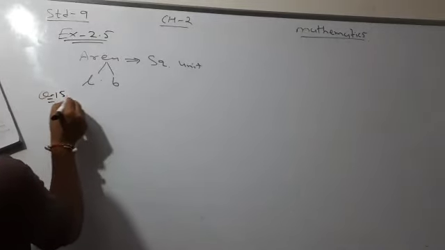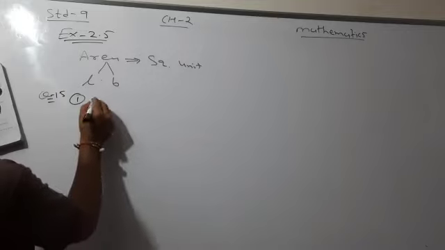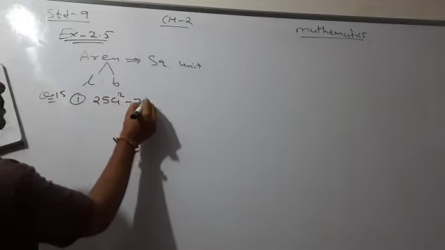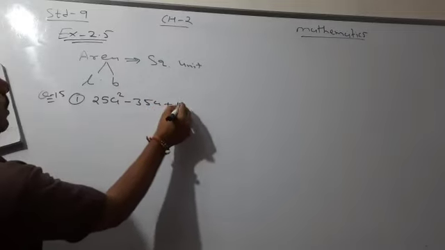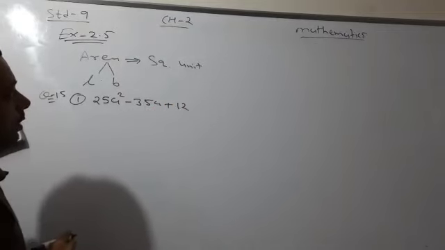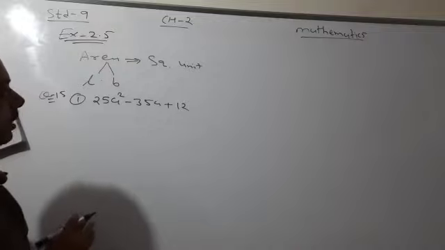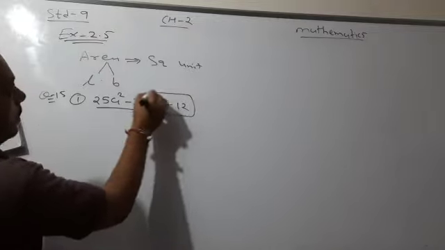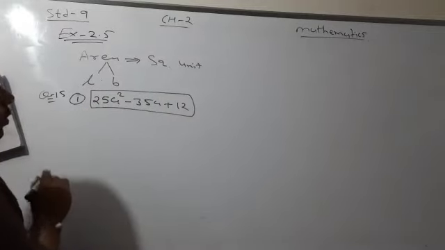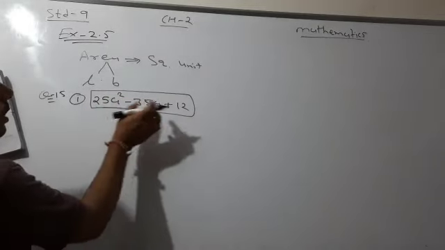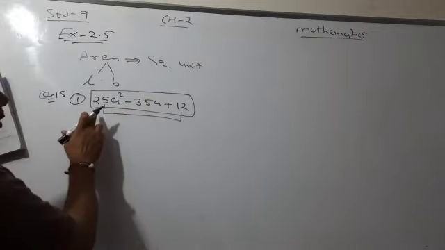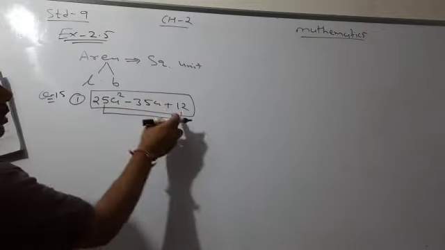Now we'll solve question number 15. I will solve the first sub question. The question is 25a square minus 35a plus 12. What exactly do we have to do in this? We have to factorize this. You know very well how to factorize a quadratic expression: multiply first with last. What is the product of 25 with 12?